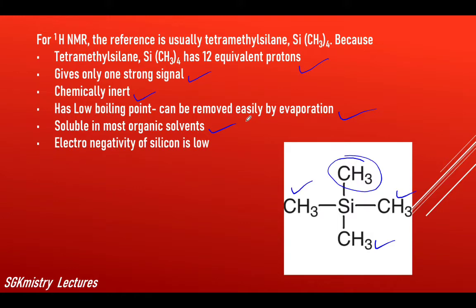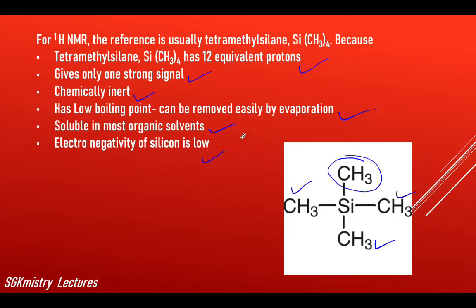So even the reference compound has to be soluble in the same solvent so that we can record the NMR spectrum. Here this TMS is soluble in most of the organic solvents. Because of this, again, this adds to the benefit of using this TMS as the reference compound.